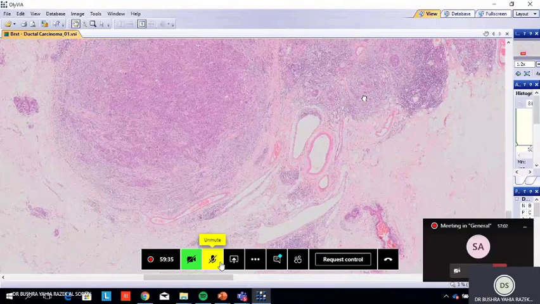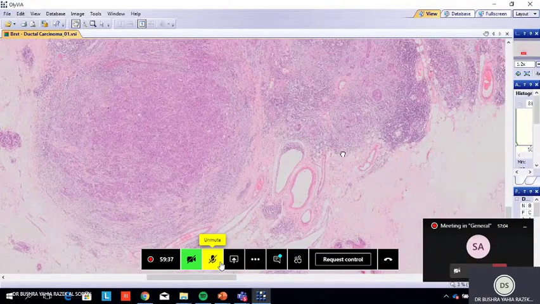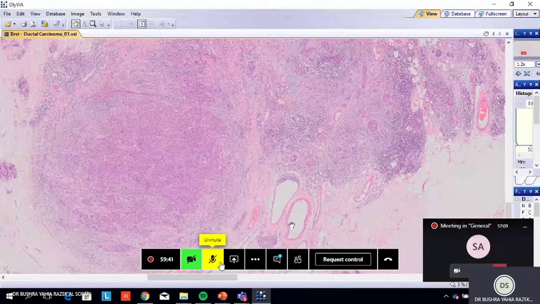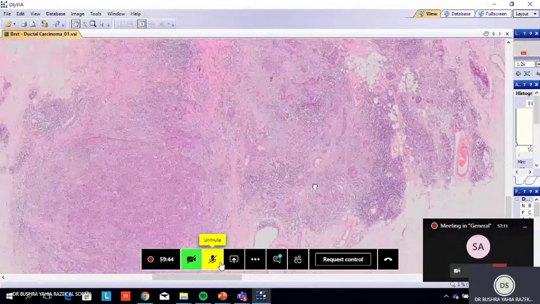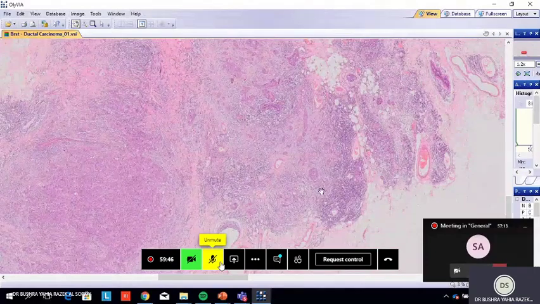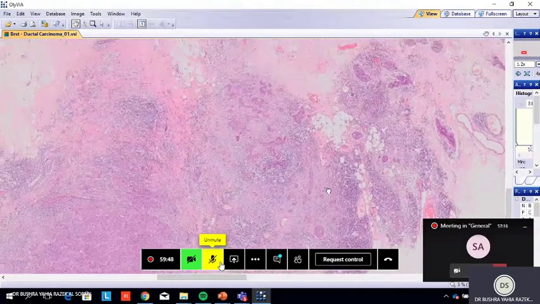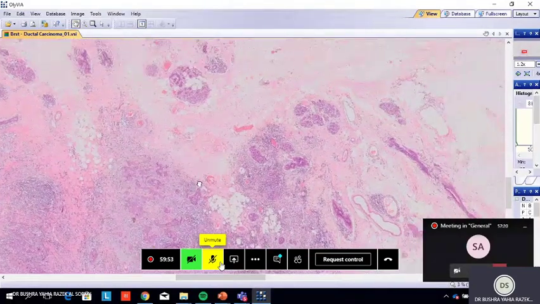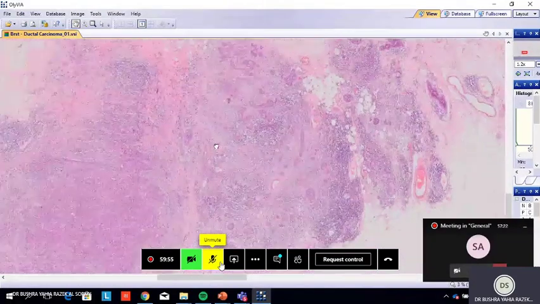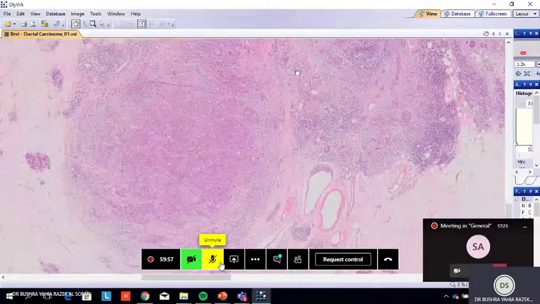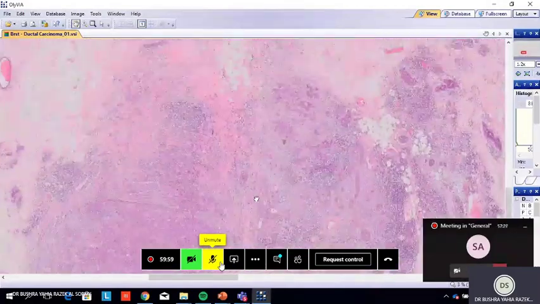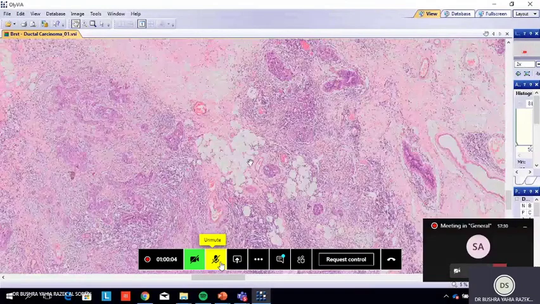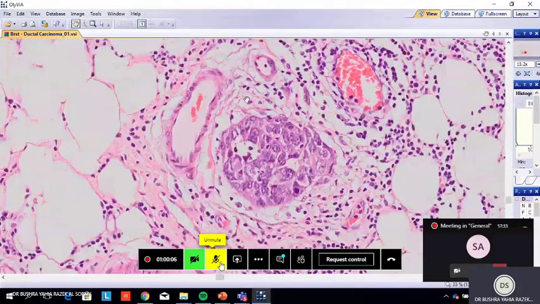When we assess a tumor, we have to look at the blood vessels, whether there is tumor inside the blood vessel or not, or inside the lymphatic tissue. Maybe I can show you some area of carcinoma in situ. Can you see this?